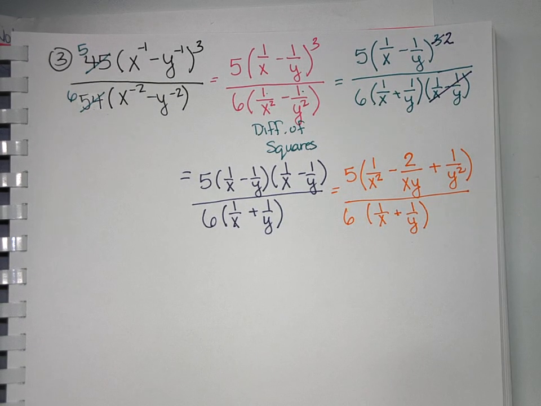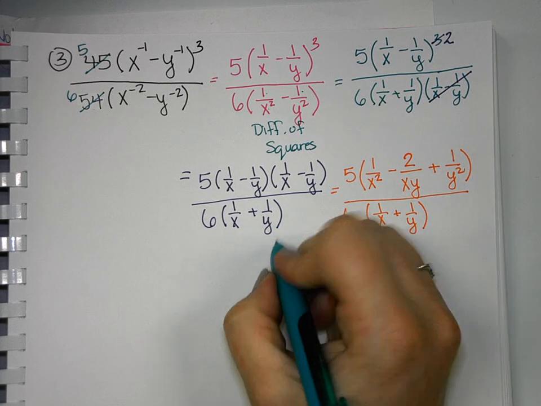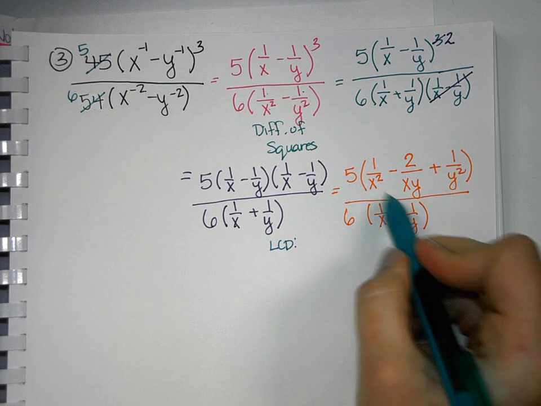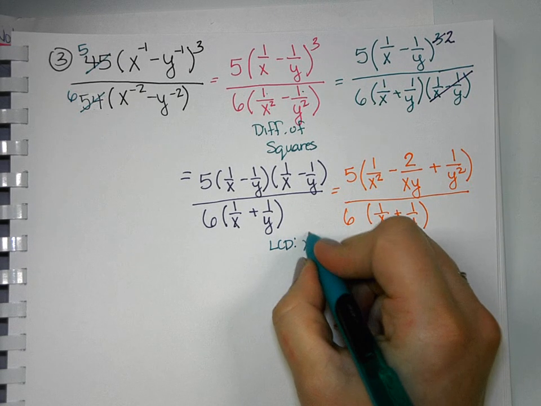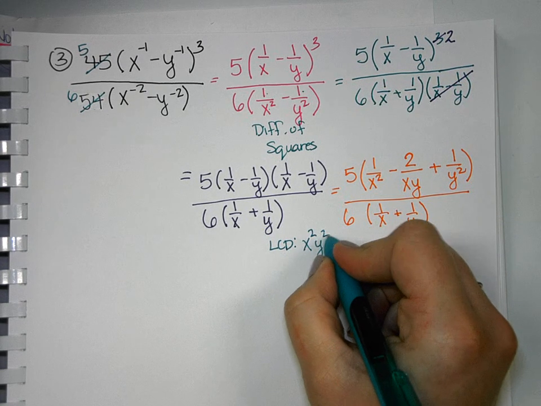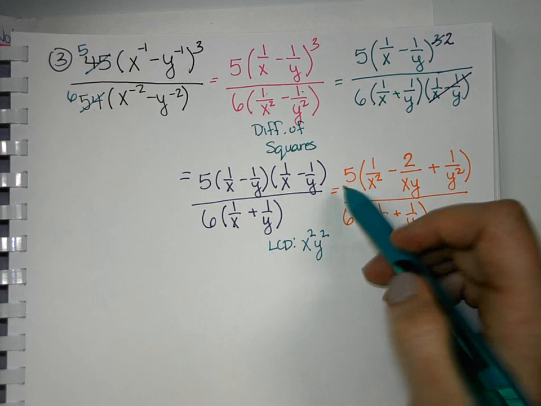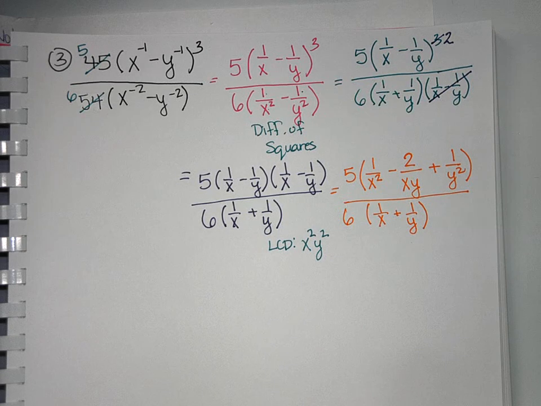Now I'm going to look for my LCD. So the LCD here will be x squared y squared. So I'm going to multiply each term by x squared y squared. Now because the 5 and the 6 are being multiplied already, I don't have to distribute, but know that you also don't have to multiply those by x squared y squared.